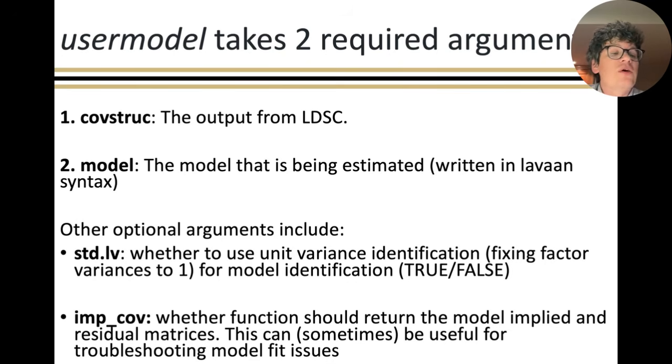Would also add though here that you do want to be careful to avoid overfitting the data. And as a reminder, the goal is also not just to get the best possible fitting model. That can always be achieved by fitting a maximally complex model where you have 0 degrees of freedom and perfect model fit. But really the goal is to find that balance between parsimony and model fit.